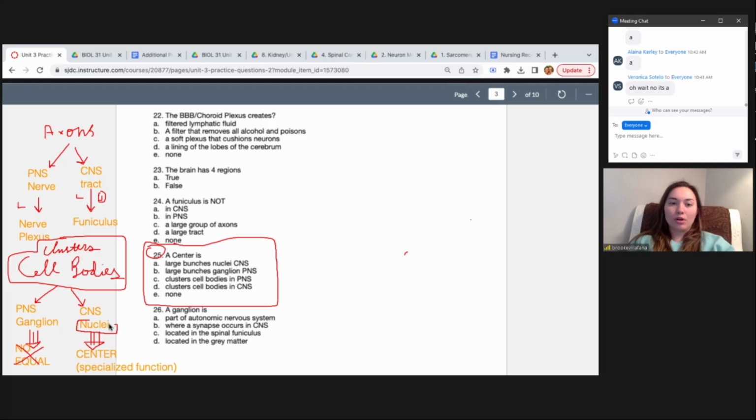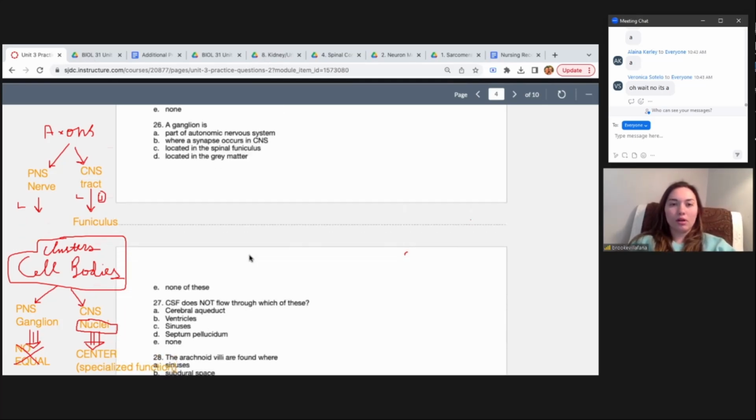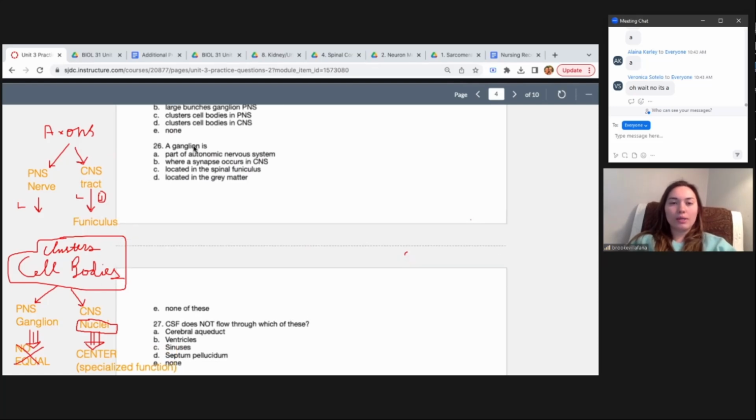But a center is large bunches of nuclei in the CNS. You get enough nuclei together, you get a center. Does that make sense? Okay, you guys are getting it now. Good. Let's answer question 26 to hopefully get this concept. Question 26. A ganglion is which of these?